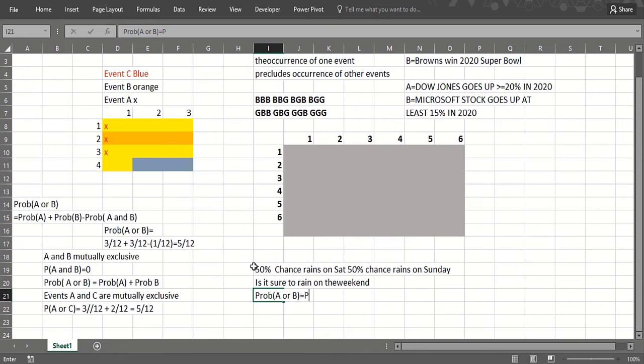So that would be the probability of A plus the probability of B. That's going to be 1, but you have to subtract off the probability it rains on both days. And that's greater than 0. So you'd have 0.5 plus 0.5 minus something greater than 0. So you'd have 1 minus something greater than 0, and that's less than 1. So it's not sure to rain on the weekend unless you live in Seattle. That's a joke.